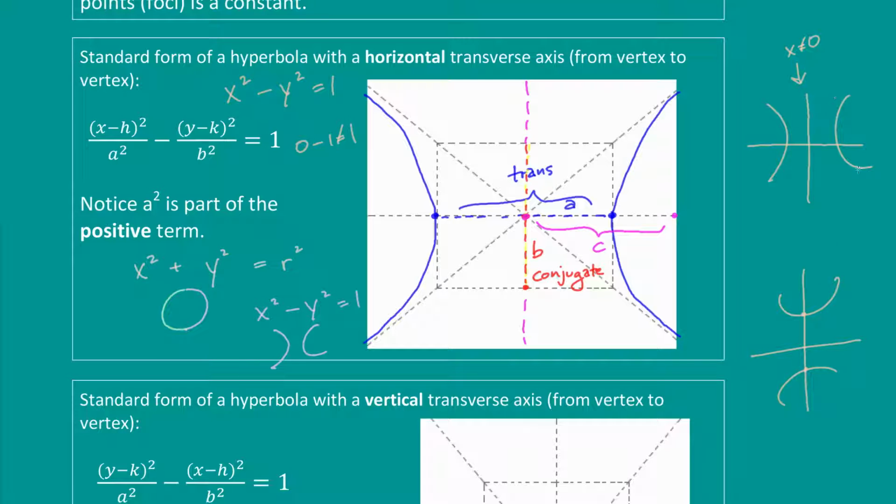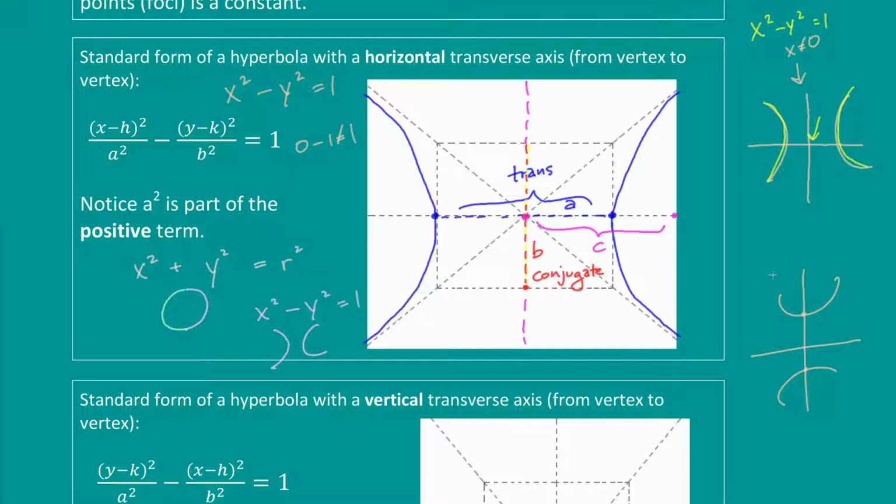For this one, we're going to open left and right. That's when our x squared minus y squared equals 1. This is x squared minus y squared equals 1. Because our x can't equal 0, and you can see x will never equal 0 for this graph. Our hyperbolas will never get to this point right here.